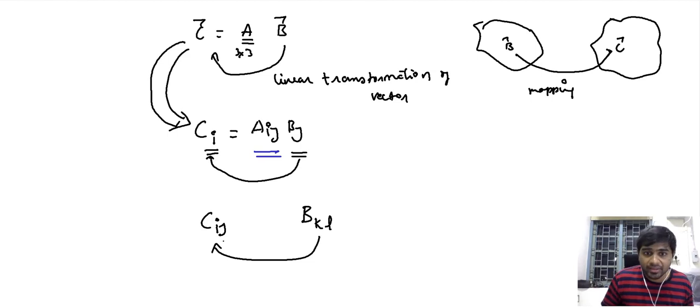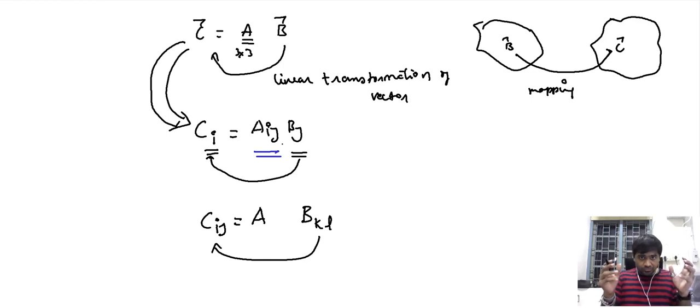Now how could I arrive at that? How can this similar expression be extended to this? In this case, we are dealing with 2 first order tensors. We are transforming 2 first order tensors, and in order to do that, we need a tensor of second order.